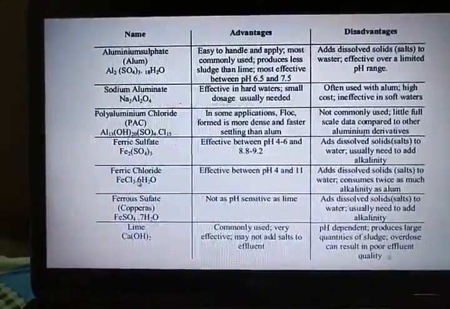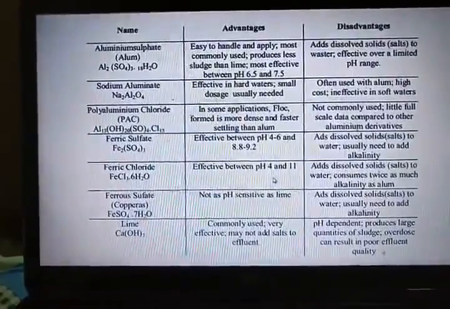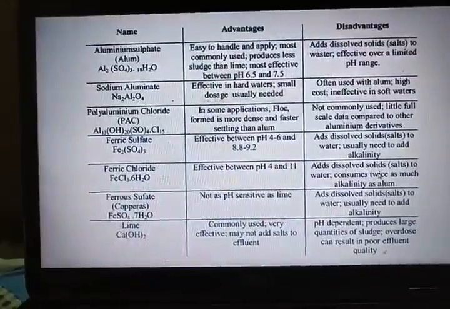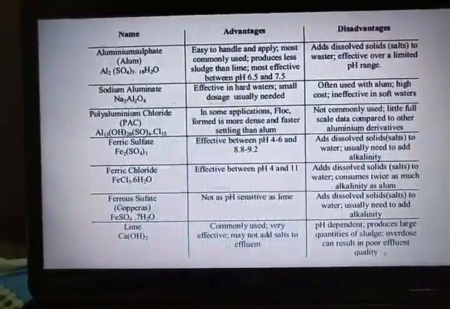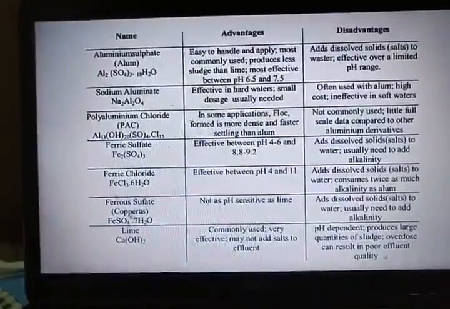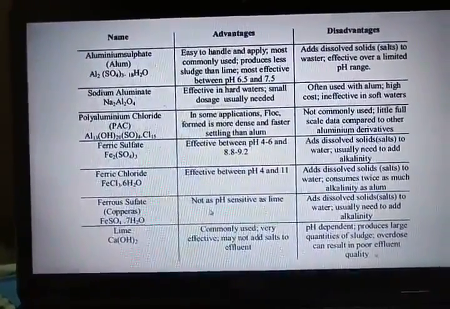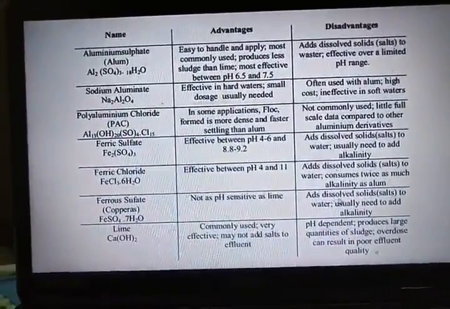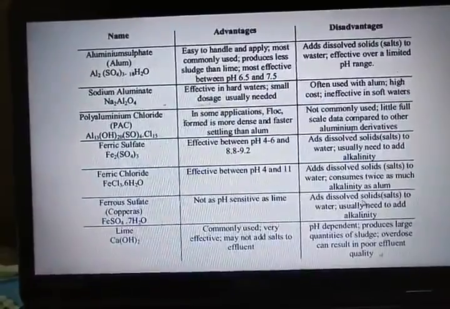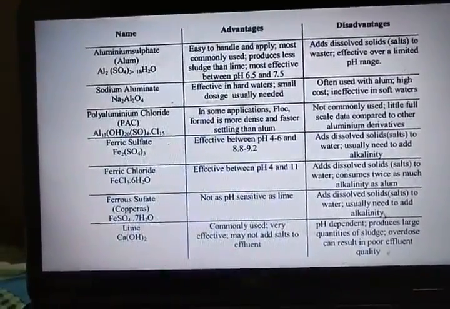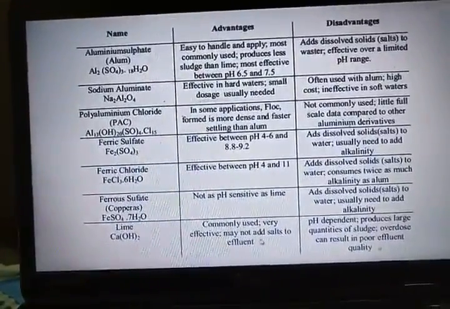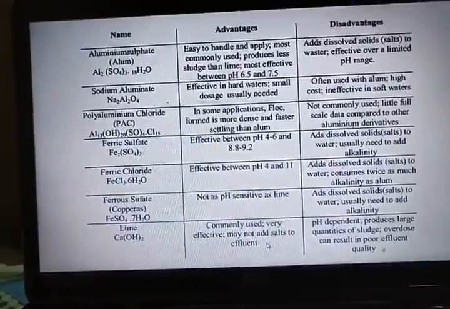Similarly, ferric chloride is effective in the pH range of 4 to 11. The disadvantage is that it also adds dissolved solids. Similarly, ferrous sulfate is not as pH sensitive as lime, and the disadvantage is it adds dissolved salts to water. Then lime is commonly used and very effective, and may not add salts to effluent.